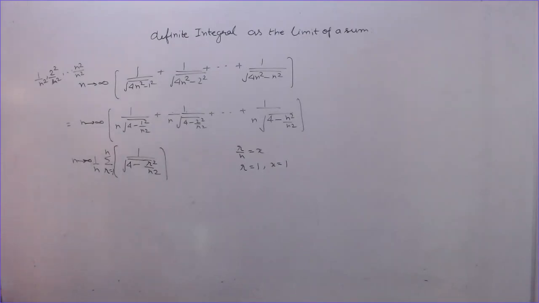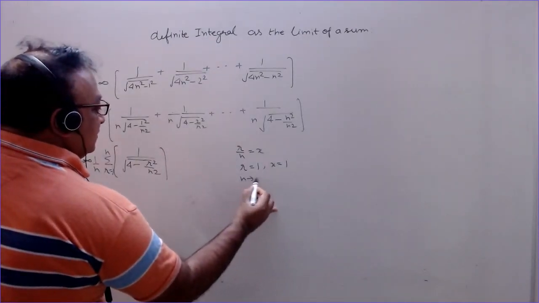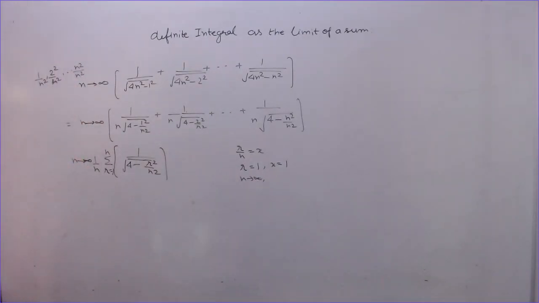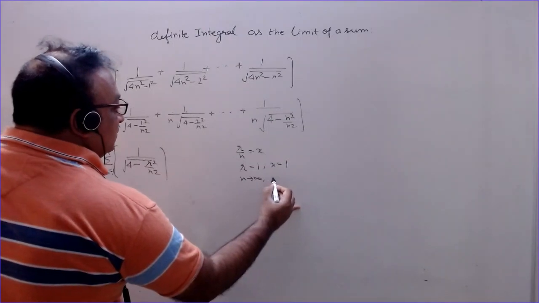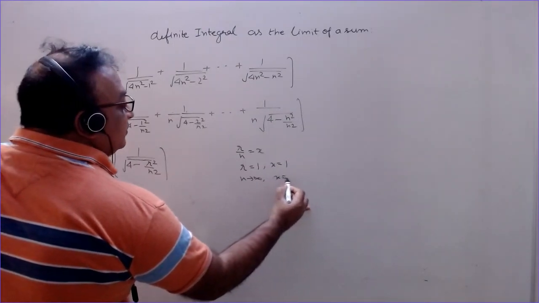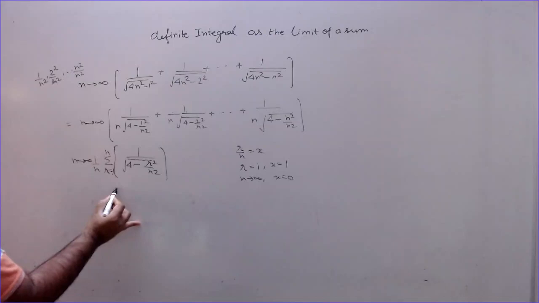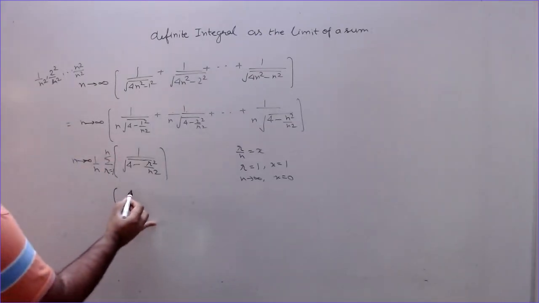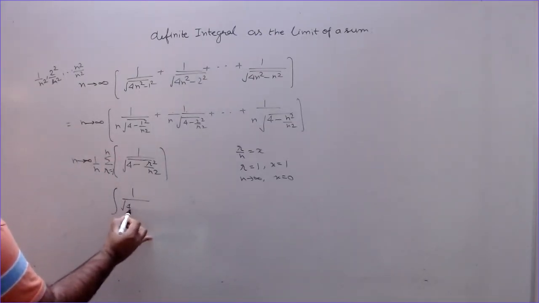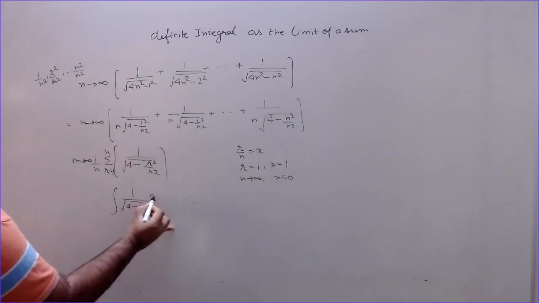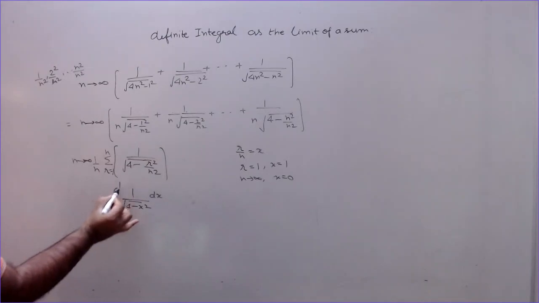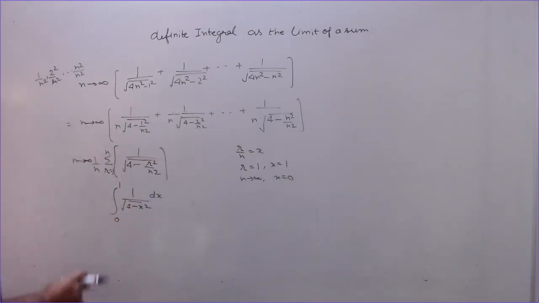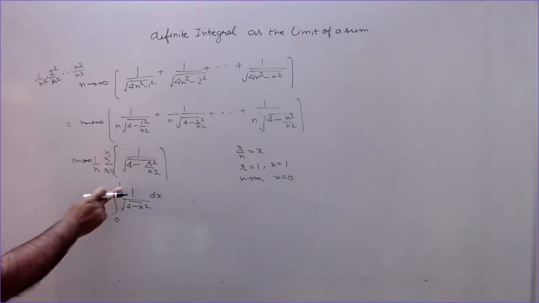And when n is infinity, then what can be the limit? We can put the limit as equal to 0. The limit is 0. So this becomes, by putting the values here, integral of 1 by under root 4 minus x square dx, and the limits are 0 to 1, when this is infinity 0 and 1 for 1.